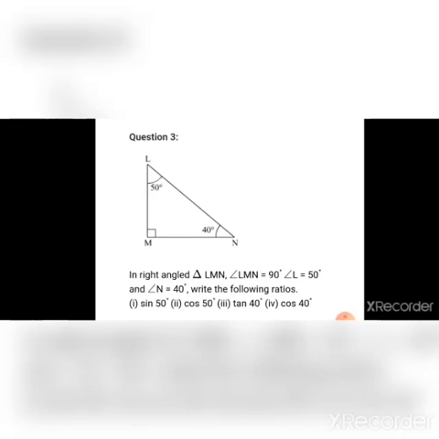Let us see the answer. Sine 50, for 50 degree, as per our method, first we have to select what is the opposite side for angle 50. It's MN. Opposite side MN. Adjacent side LM.